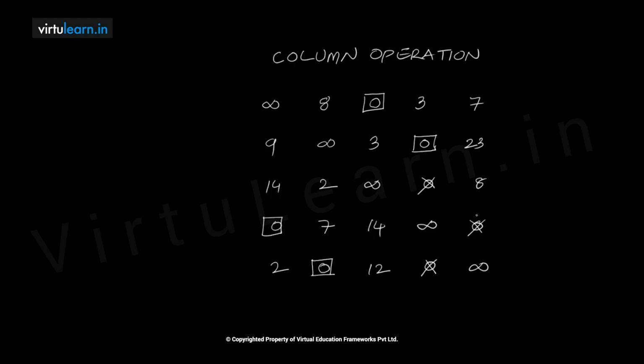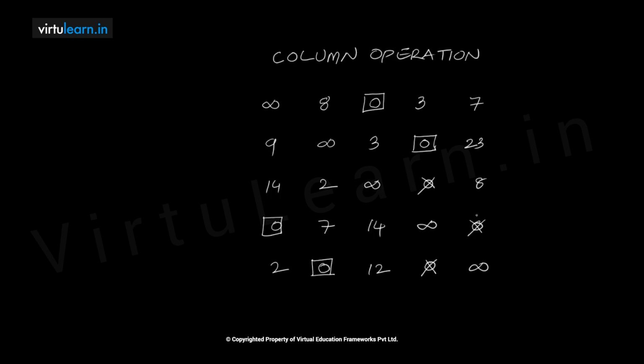So actually we require 5 places to be allocated to identify the route. But here, since we have got only 4 allocations and 1 place is not allocated, what we need to do is draw lines passing through all the zeros of the matrix or table, but they should be as few lines as possible, because once we have got those lines, then we will identify, as we have discussed earlier, 3 types of elements.